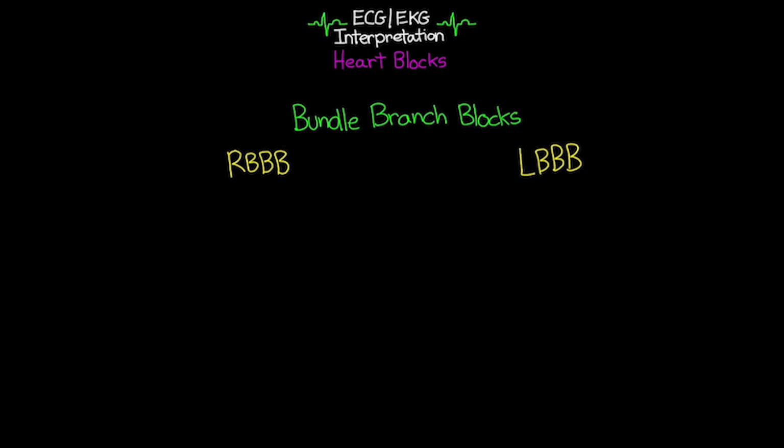So for the first of these, we're going to talk about our right bundle branch block. When we're looking at the V lead on our ECG, we're going to see something that looks kind of like either this or perhaps something like this. Basically what's happening here is because that right ventricle is having to depolarize slowly, you're going to end up with a very quick left-sided depolarization that shows up in the middle of your right ventricle depolarizing.